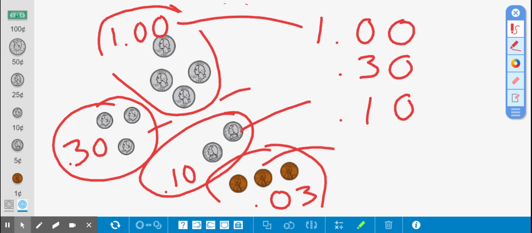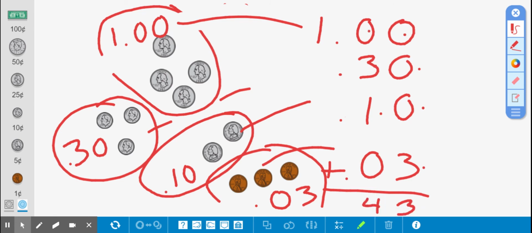And bring the pennies over, which is worth 3 cents. Set it up. 0 plus 0 plus 0 plus 3 is 3. 0 plus 3 plus 1 is 4. I bring my decimal point straight down, and we have the 1 in the 1 column. And my answer over here is $1.43 is the total value of this pile of coins.